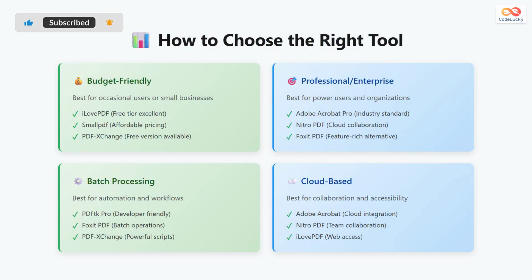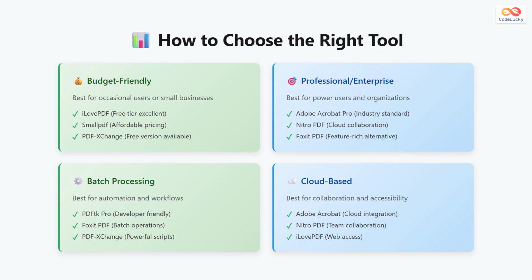Choosing the right PDF tool depends on your specific needs. For budget-friendly options, consider iLovePDF with its excellent free tier, Smallpdf for affordable pricing, or PDF-XChange for its free version availability. For professional and enterprise use, Adobe Acrobat Pro is the industry standard. Nitro PDF offers cloud collaboration, and Foxit PDF provides feature-rich alternatives.